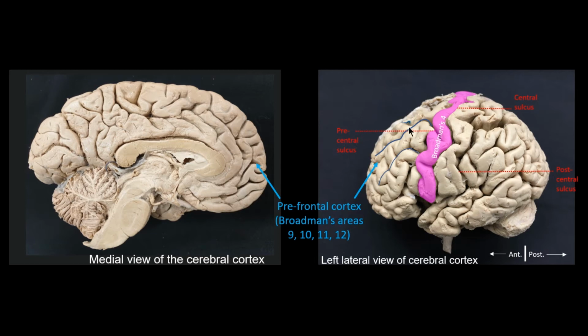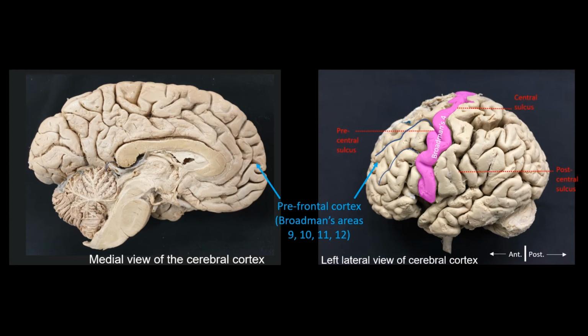So, to summarize, the prefrontal cortex includes the major anterior part of the superior, middle, and inferior frontal gyri, the orbital gyri, the medial frontal gyrus, and then the anterior part of the cingulate gyrus. This region is also known as the Brodmann areas 9, 10, 11, and 12. So these areas basically encompass the prefrontal cortex.